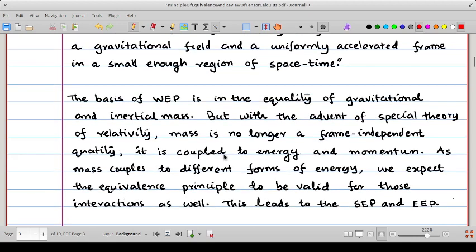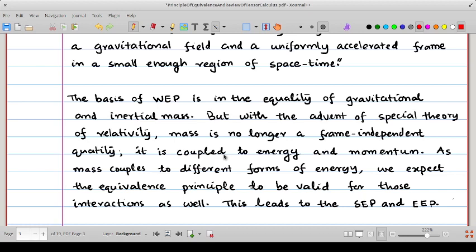But as special theory of relativity was proposed, mass was no longer a frame independent quantity. It is coupled to the energy momentum, and therefore mass can be converted into different forms of energy.